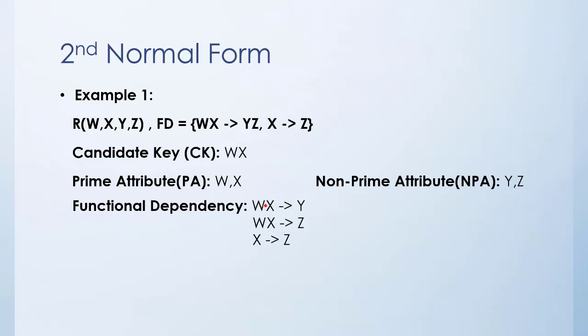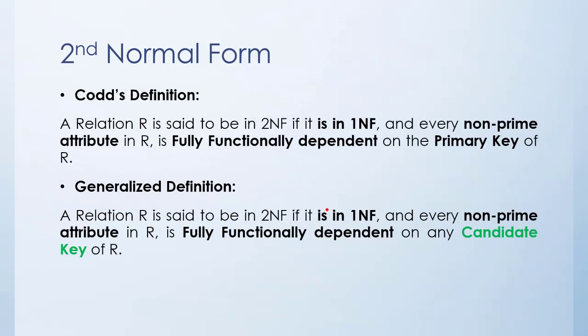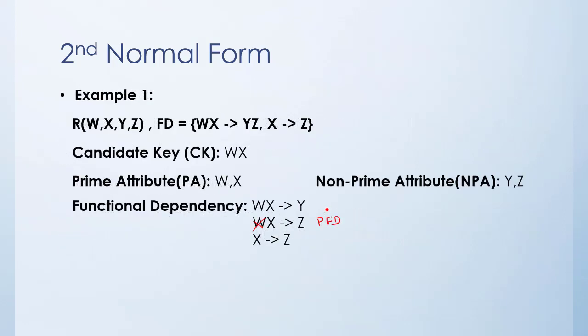But here if we remove W from this relation, X still determines Z; that functional dependency holds. So this is a partial functional dependency. Now as Z is a non-prime attribute, by the definition of 2NF, each and every non-prime attribute should be fully functionally dependent on the candidate key.